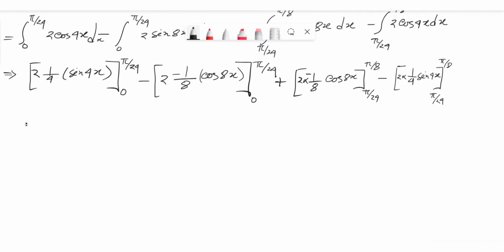So to solve this one, from this one it simply gives us 1 by 2, which will come out. First we need to put the upper limit, then the lower limit.